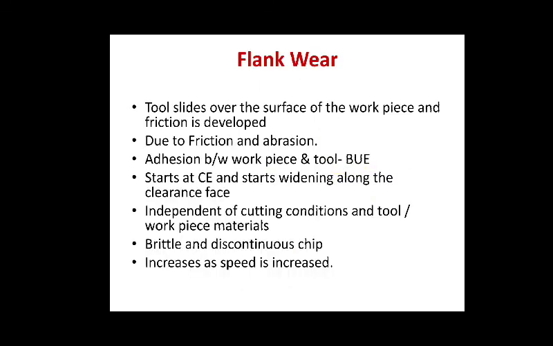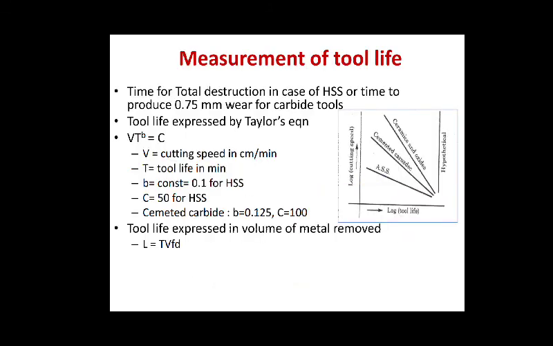Now let us see the measurement of tool life. It is the time for total destruction in the case of high speed steel, or the time to produce 0.75 mm wear in the carbide tool. Tool life is expressed by Taylor's equation: VT^b = C. Many times, instead of b, n will be given: VT^n = C. V is the cutting speed in centimeter per minute, T is the tool life in minutes. For HSS, b is 0.1 and C is 50.